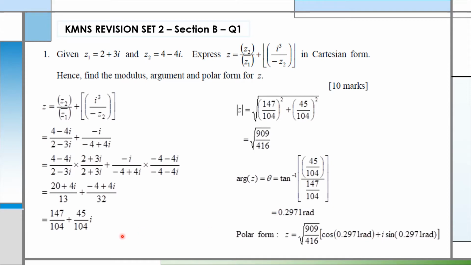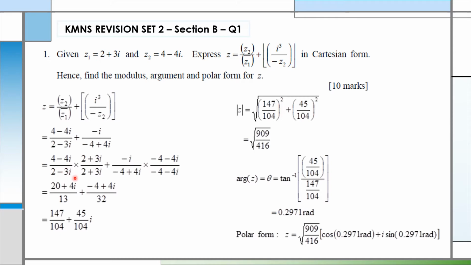It's very easy to do this question if you already have your Z in the form of a plus bi. But remember, don't make careless mistakes while you are calculating Z here. As you can see, there is a lot of working here.